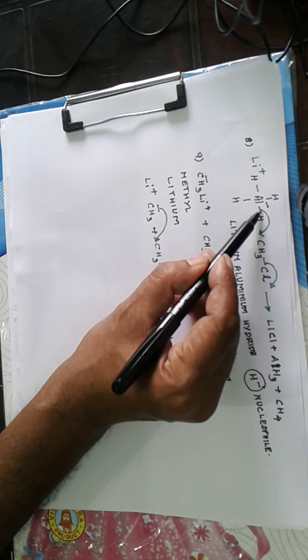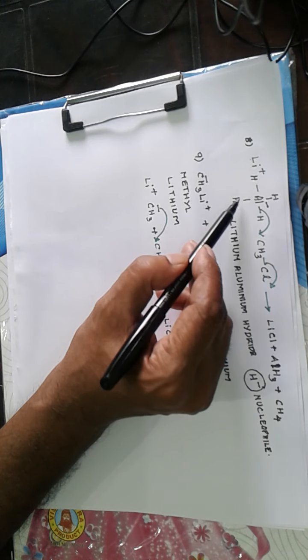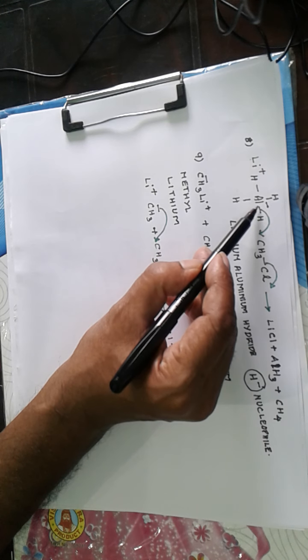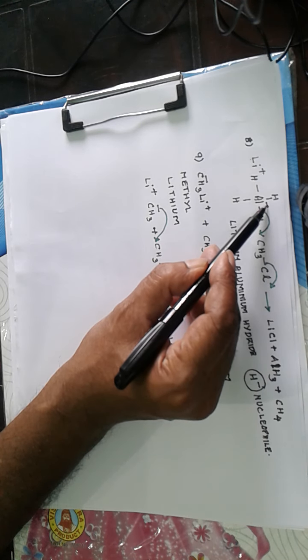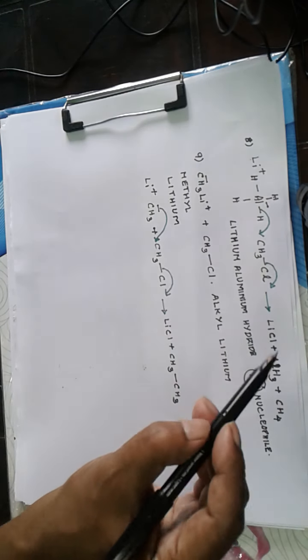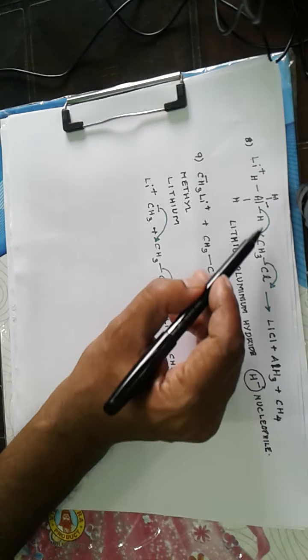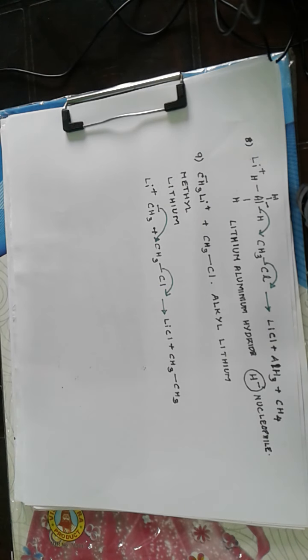Then when one H minus is removed from this aluminum hydride part, the electron share of aluminum is given to hydrogen, so that the negative charge neutralizes here, and we get AlH3 and CH4, that is methane. So methyl chloride is reduced to methane by lithium aluminum hydride.